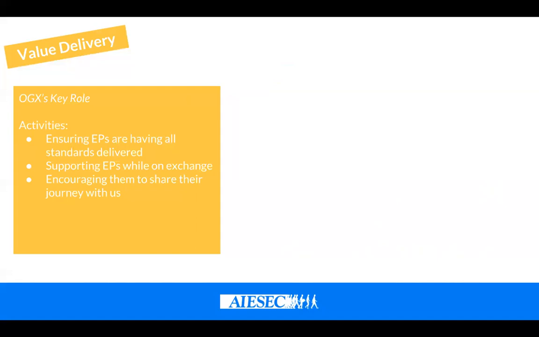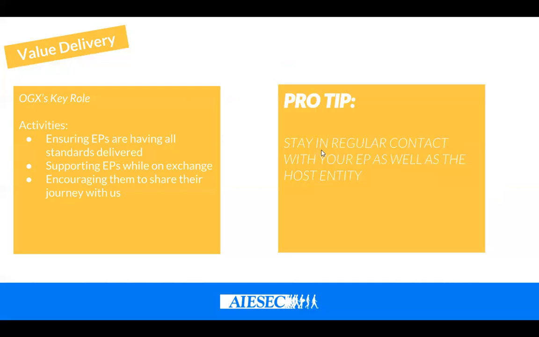And then while they're on exchange, we need to be supporting EPs virtually and ensuring that they're okay and that any issues that do arise are being managed. And then also working with those EPs to get them to share what they're going through with other exchange participants or even with ISEC in Australia as a whole.